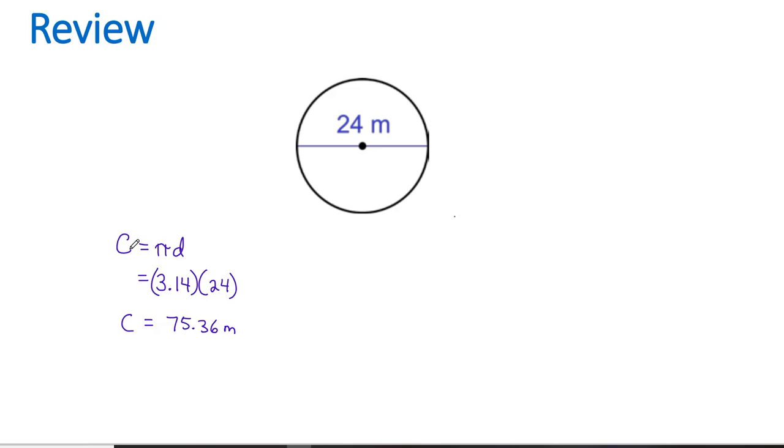If we want to measure the inside of the circle, how many squares are in there, we're going to use the formula pi r squared. So we need to keep these formulas straight in our mind and use our formula sheet often. So this means we're going to have 3.14 times the radius, but they only gave us the diameter of 24 meters.